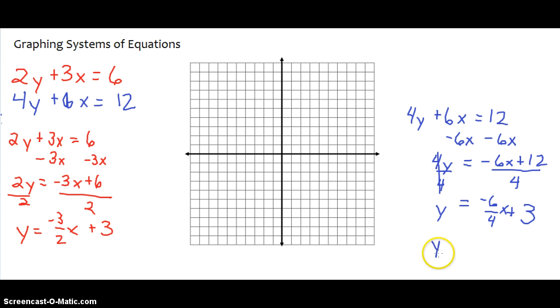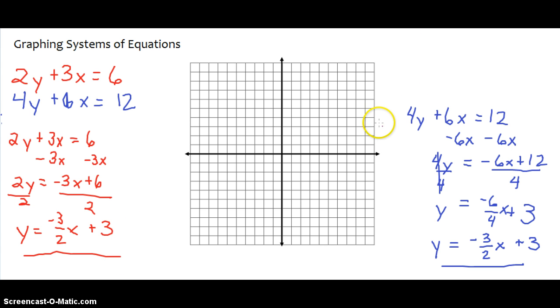And then we can simplify that. If we divide both the top and the bottom of the fraction by 2, we get y equals negative 3 halves x plus 3. Notice that is completely identical to the red equation. So they're actually both going to be the same line.